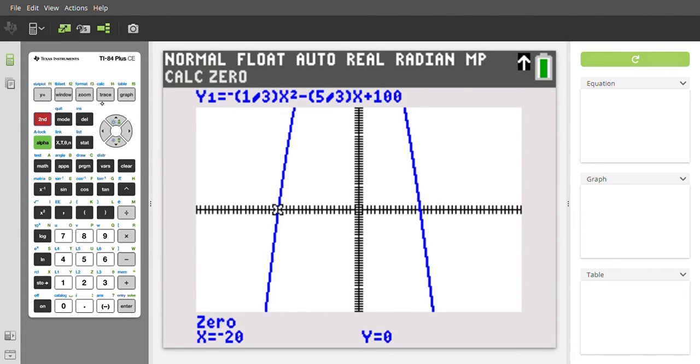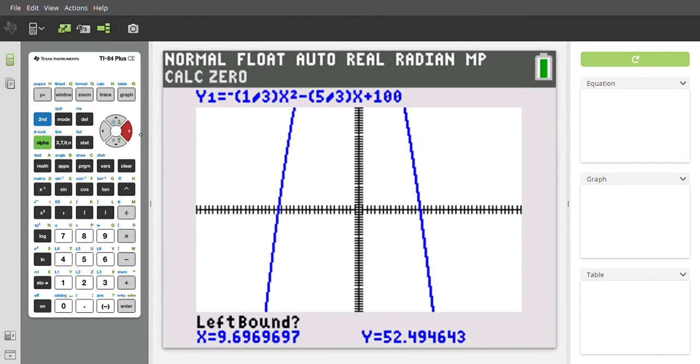Now I'm going to find the other one. Now I have to move to the left side of the other root. This is going to take a while. Notice you can watch the ordered pair on the bottom of the screen. That will help you realize when your cursor's coming back into view.